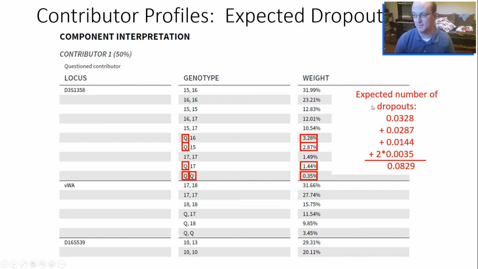So for our expected number of dropouts, we had 0.032 from here, 0.028 from here, 0.014 from here, and 2 times 0.0035. So from this locus for this contributor, the estimated contribution to the expected number of dropouts is 0.08.